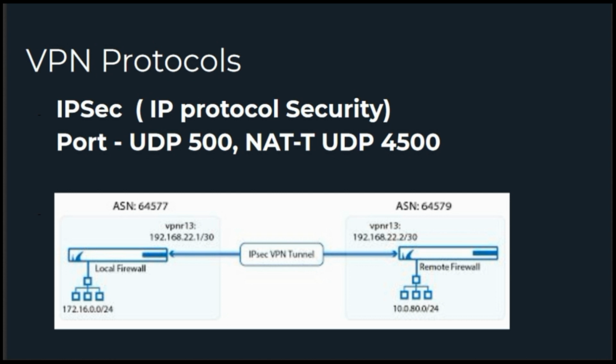IPsec is actually not a protocol, but a framework. It offers confidentiality, integrity, authentication, and anti-replay features on layer 3. It uses a variety of protocols, and the advantage of this framework is that the protocols it uses can change in the future also.